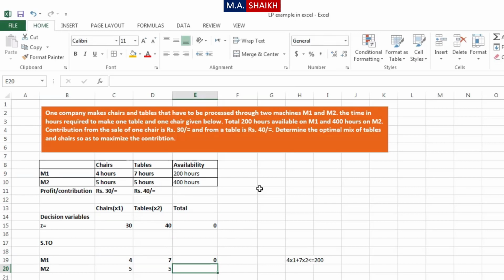Another constraint is 5x1 plus 5x2 less than or equal to 400.